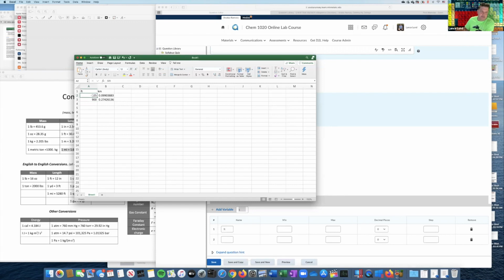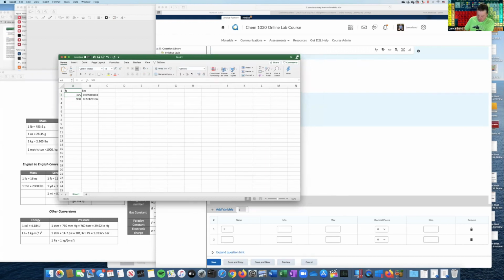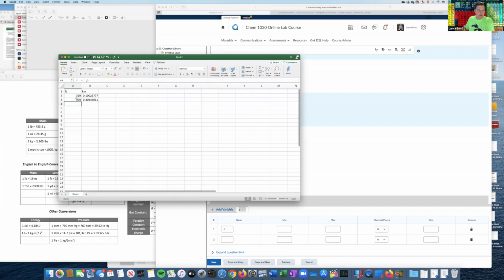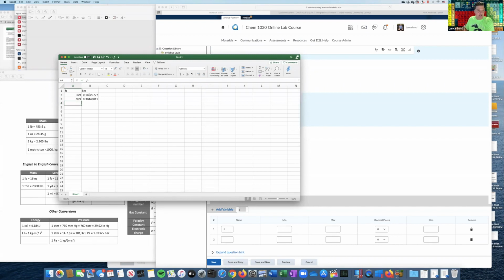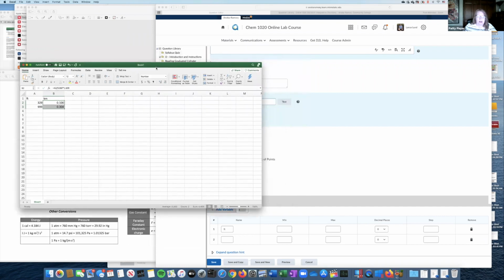Okay, so here's what I do to get around that. I'm going to look at the smallest value. It looks like the smallest value that I use is 329. It looks like I could go up to 999. These have 3 significant figures, and then if we're going to round off to 3 decimal places, these rounded off to 3 decimal places. I'm even going to show it here in Excel out to 3. You just don't use the numbers that have zeros at the end.